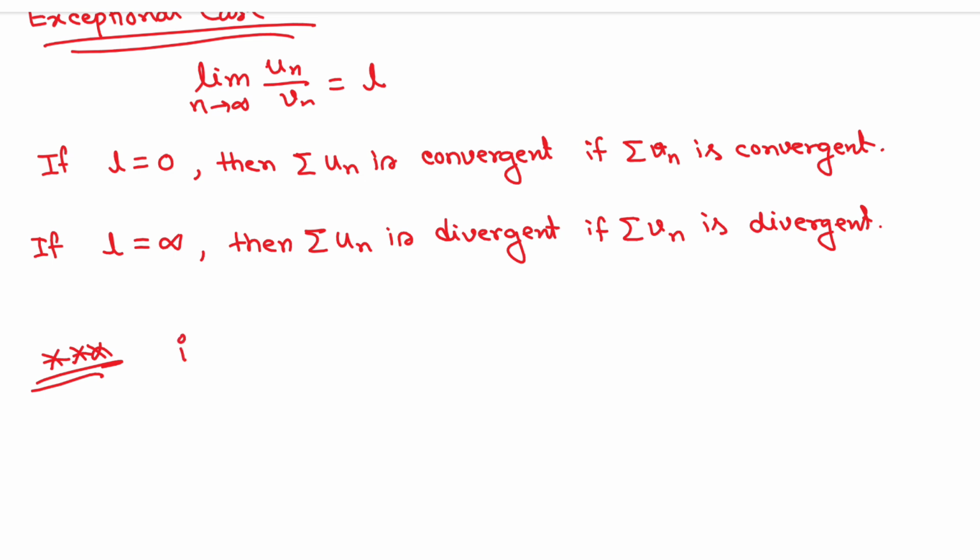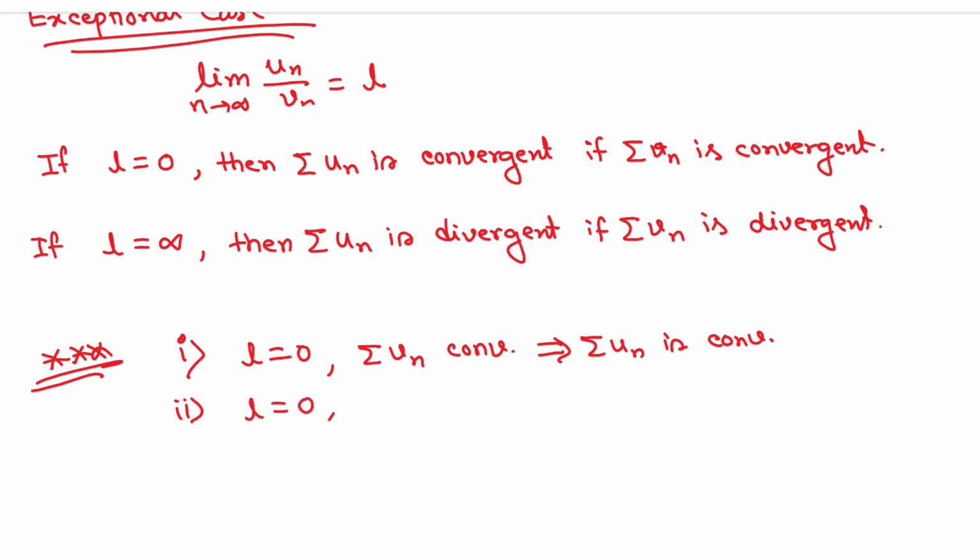First point: L equals 0 and summation vn convergent implies summation un is convergent. If L equals 0 and summation vn is divergent, no conclusion; we cannot say anything.